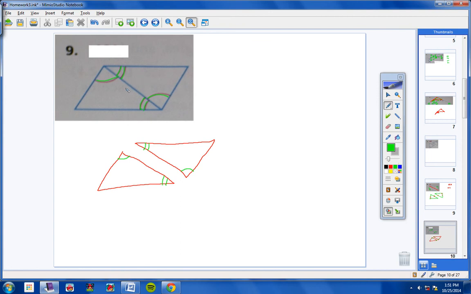Now notice the two triangles share this side right here. So this side here is congruent to this side here. So we have angle, side, angle, congruent to angle, side, angle. So these two triangles are congruent by angle, side, angle.